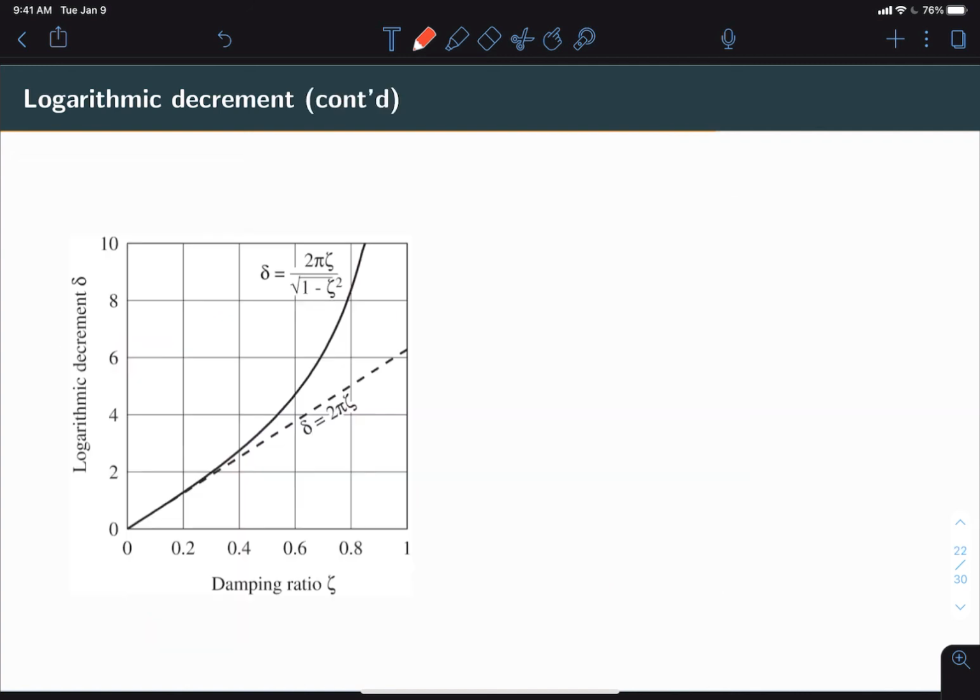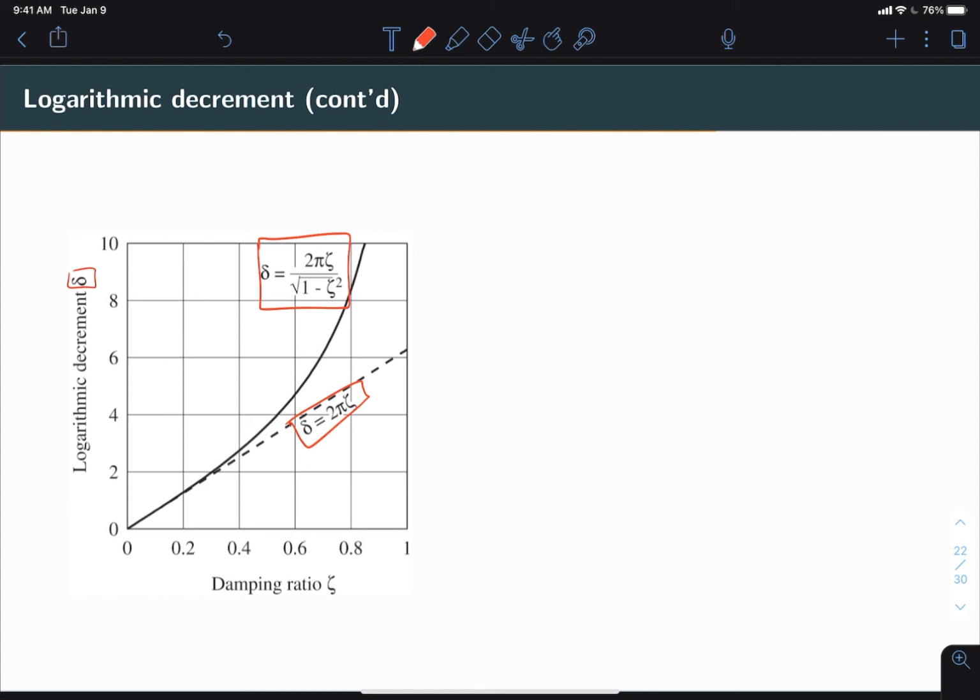And this is just a plot that actually shows this approximation at work. So we have the damping ratio versus the logarithmic decrement delta. And here's delta expressed in terms of zeta exactly. And here's our approximation, delta equal to 2 pi times zeta.